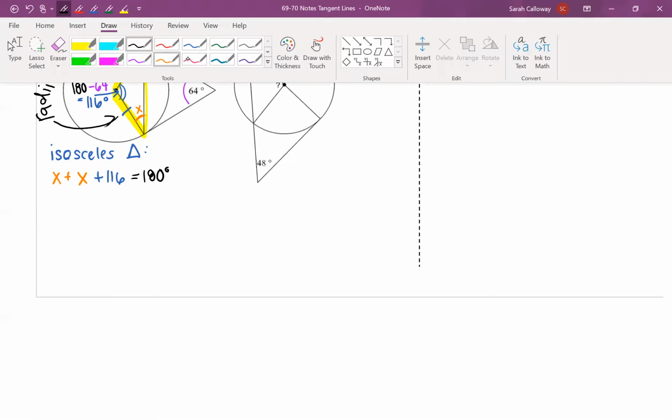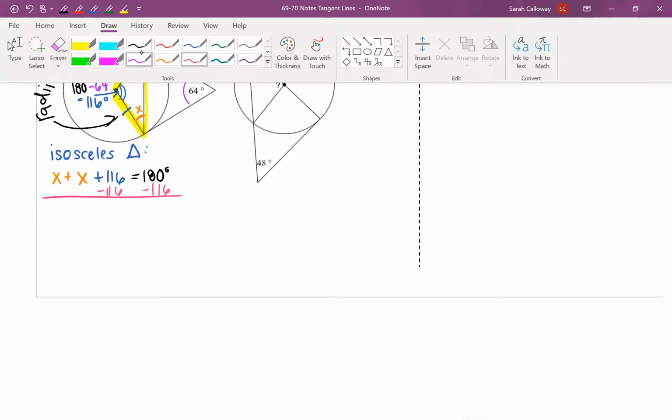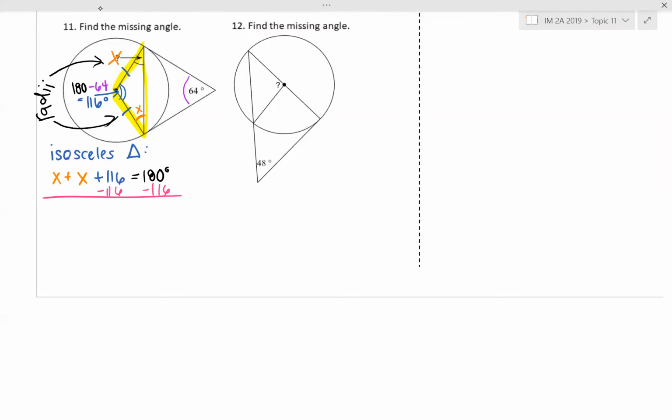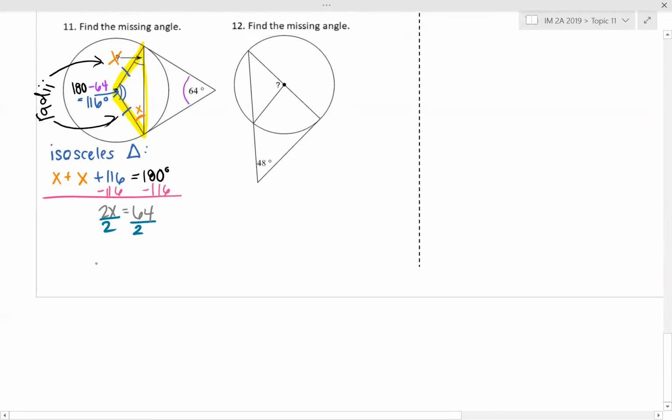So if I subtract 116 from both sides, that gives me that 2x is equal to 64. So then if I divide both sides by 2, that's going to give us that x must be 32 degrees. So the missing angle is 32 degrees.